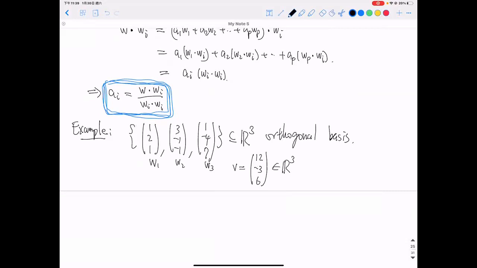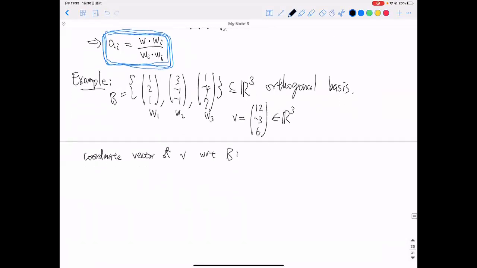And we are interested in finding the coordinate vector of this V with respect to, call this B. We've discussed how to do that in general.